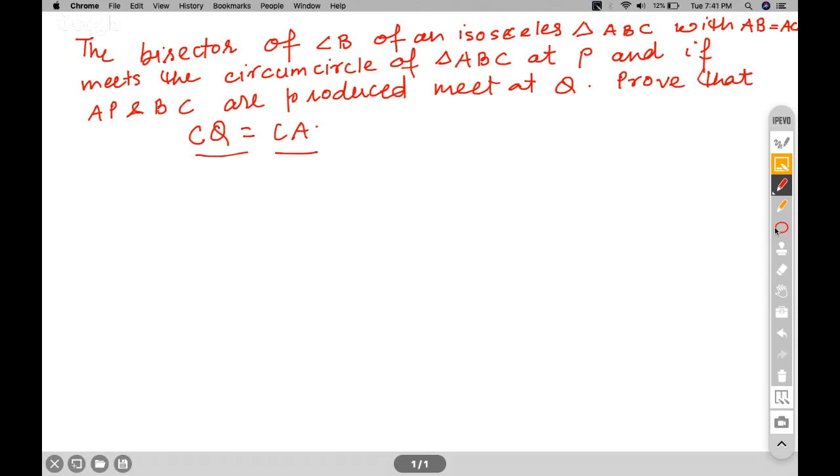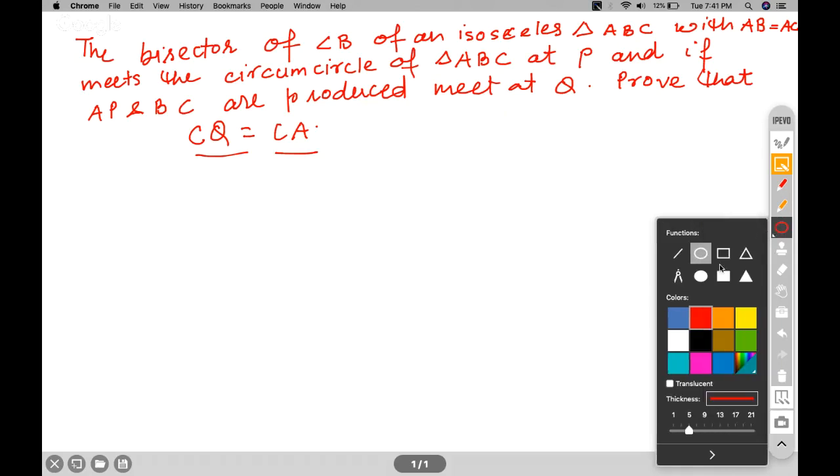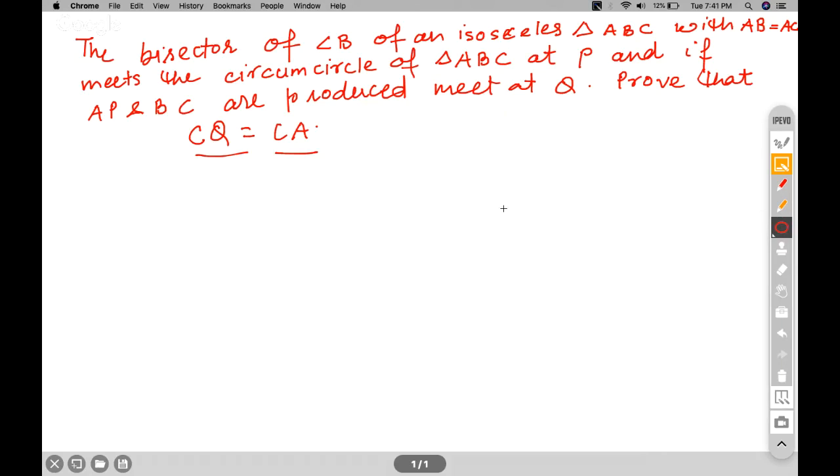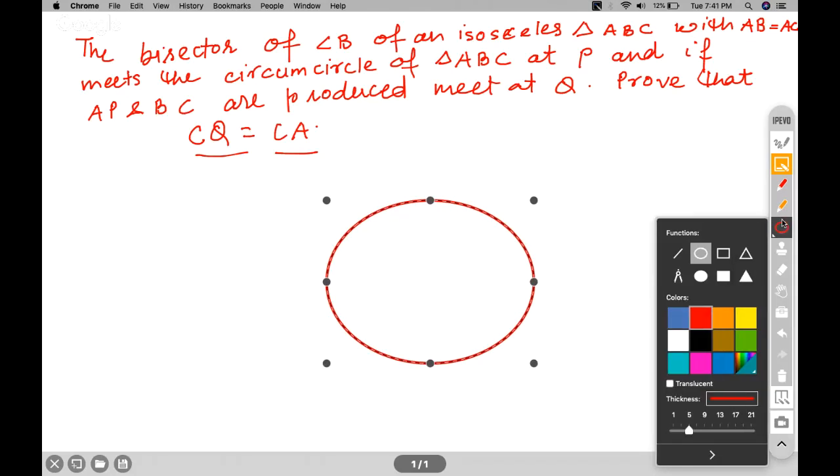So suppose this is the circle, and in that circle I draw a line like this, and then I have another line.